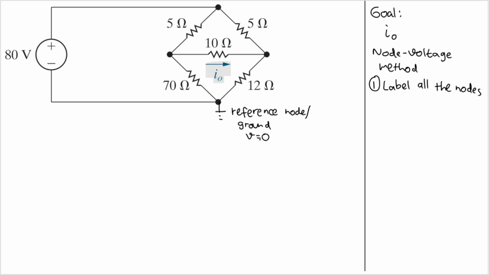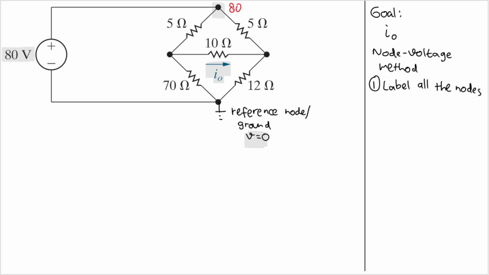Okay, good. But then if this is 0, we can get the node here, right? Because the difference between this node and this node has to be the magnitude of this voltage source. So that will be 80 volts.